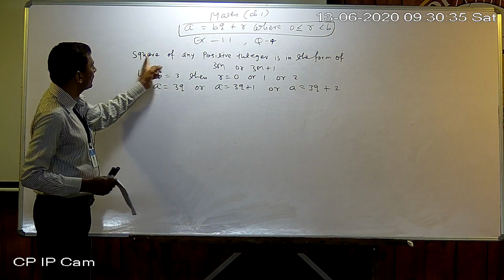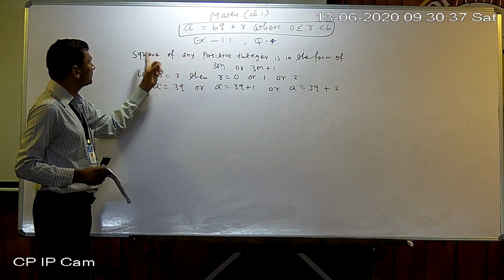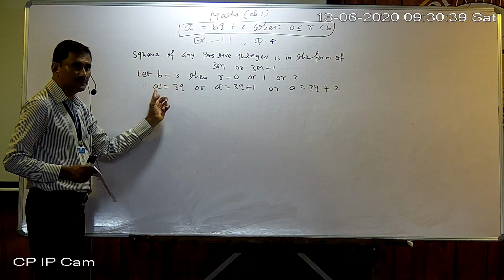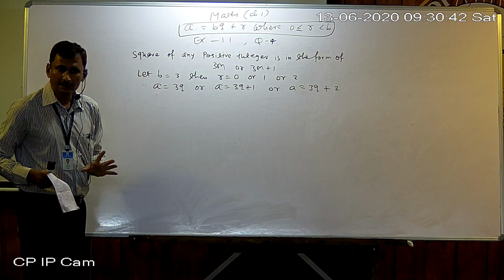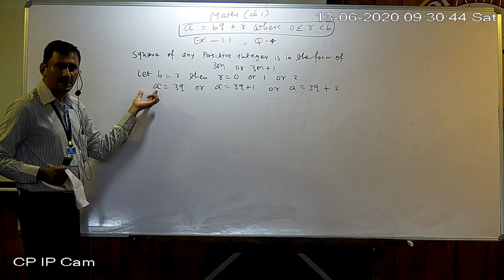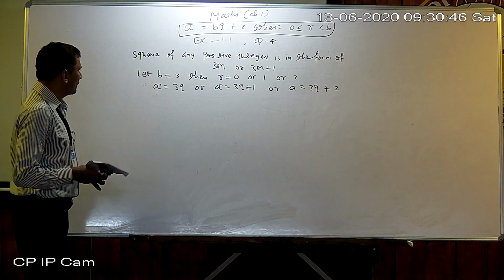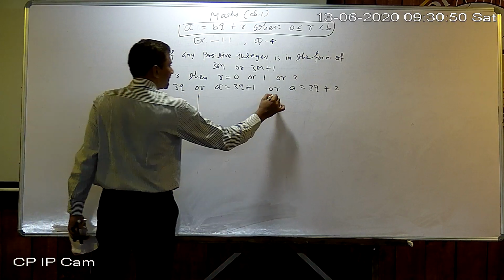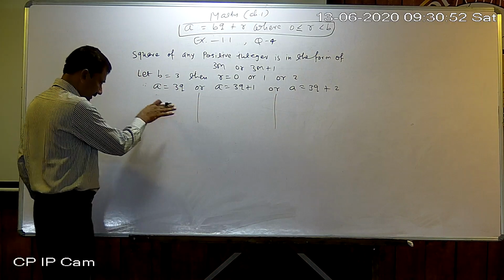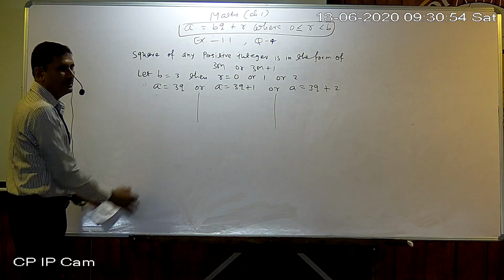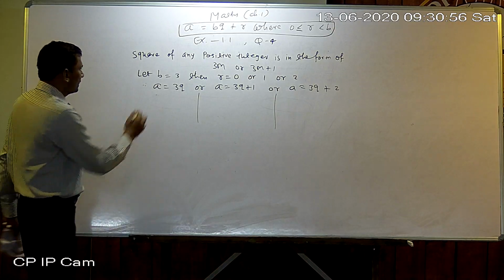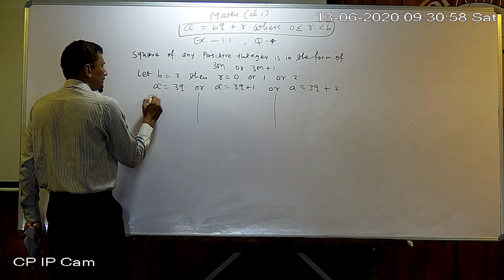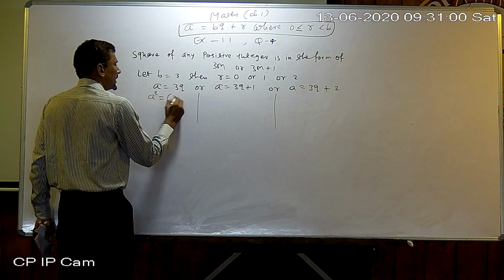Now they are not talking of positive integers, they are talking of the square of positive integers. So these are expressions of any positive integer. We have not made the square of that one. So now make the square of all 3 expressions. You can write in an upward manner also. Now a equal to 3q, so a square equals 3q square.